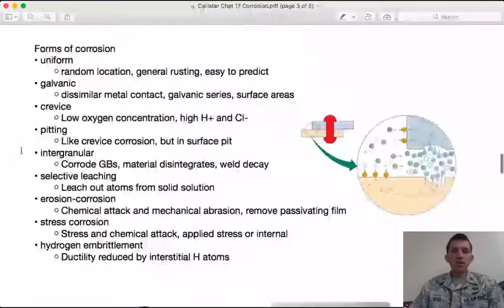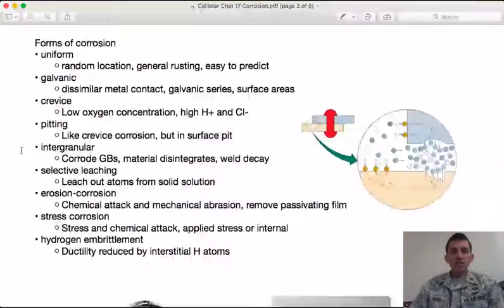Say you have a steel pipe in plumbing in direct contact with a copper pipe. The copper is more cathodic, so the steel will corrode preferentially. This is to be avoided because you essentially set up a battery at this location, which corrodes the anodic material rapidly at that interface.